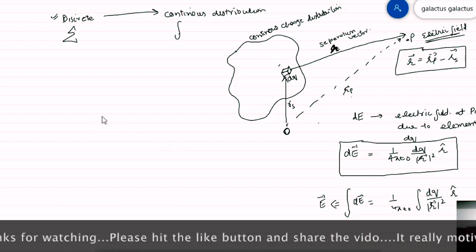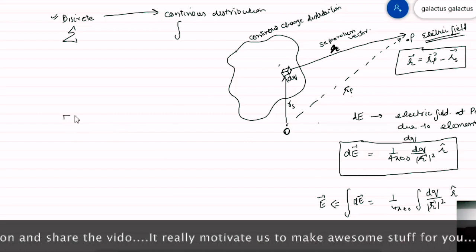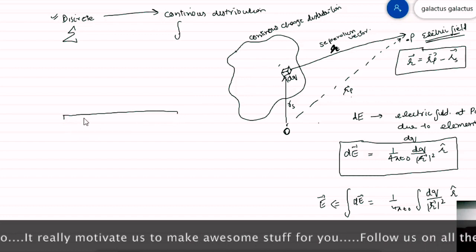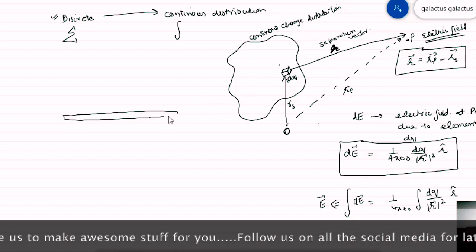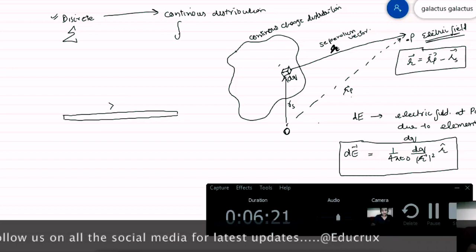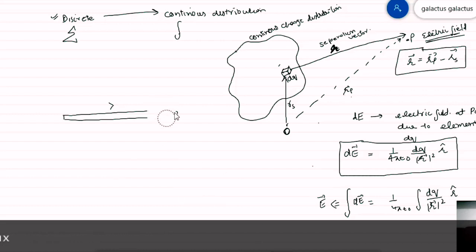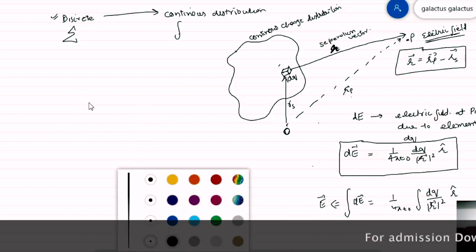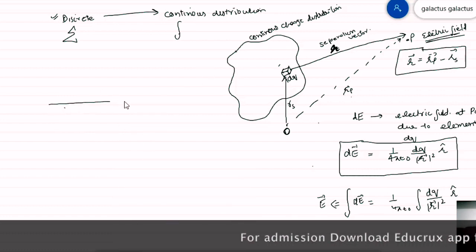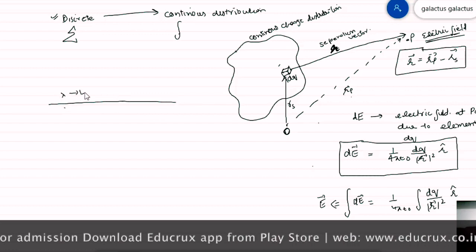So suppose that my charge is distributed along a line, that is, my continuous body is a linear wire that has a lambda, the linear charge density.